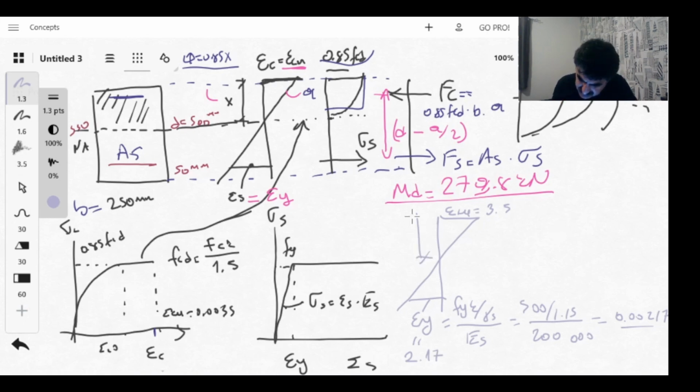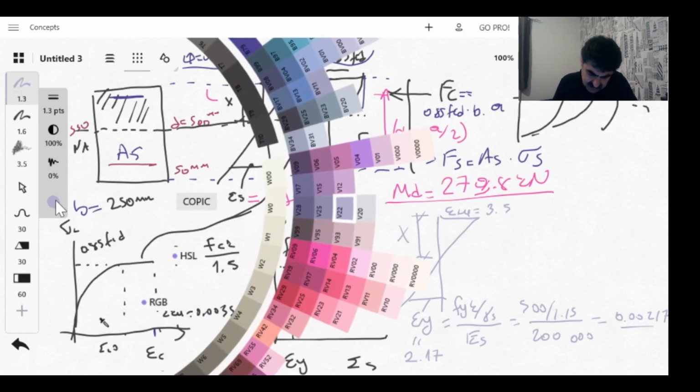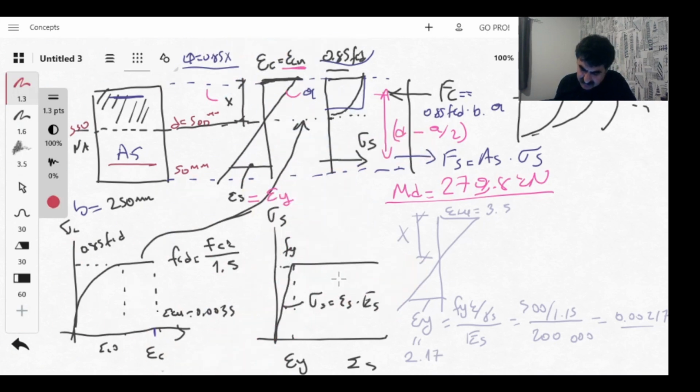Okay, so if this is the case, I can directly calculate x. I have similar triangles, so I can use this equality: x over epsilon cu equals epsilon y over d minus x. If we simplify, we get x equal to epsilon cu divided by epsilon cu plus epsilon y, multiplied by d.